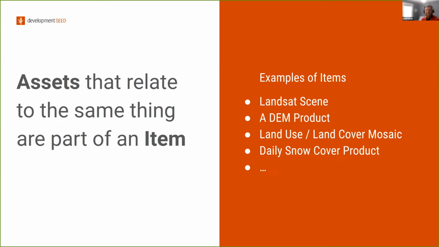Assets that relate to the same thing are grouped together as part of an item. An item has no set structure. An item can be anything that has the same space and time window related to what it is. It could be a Landsat scene.